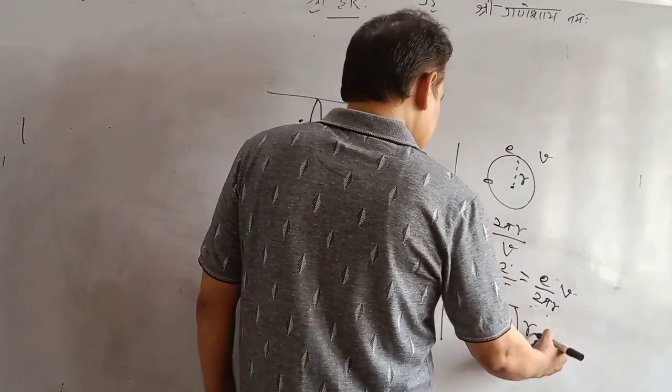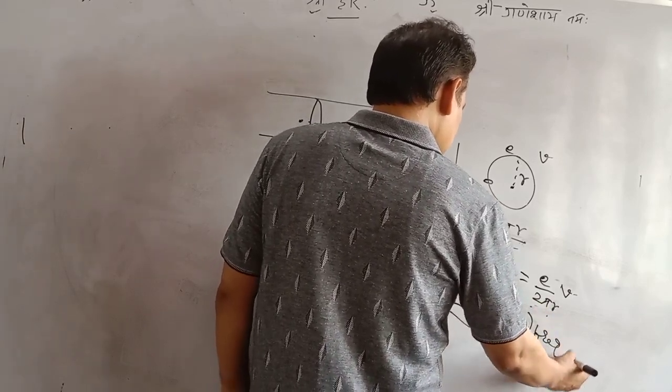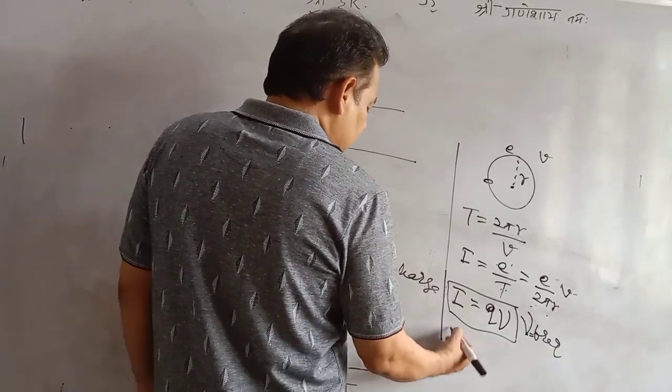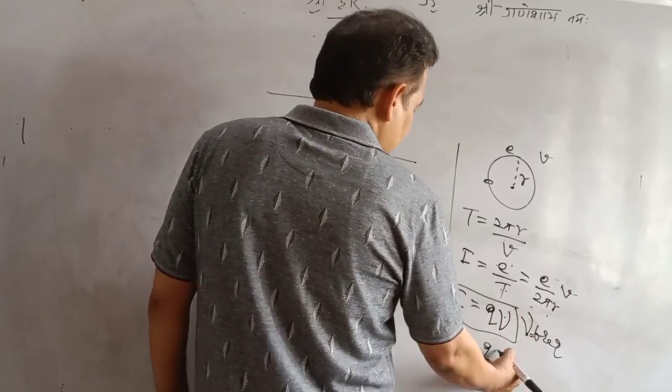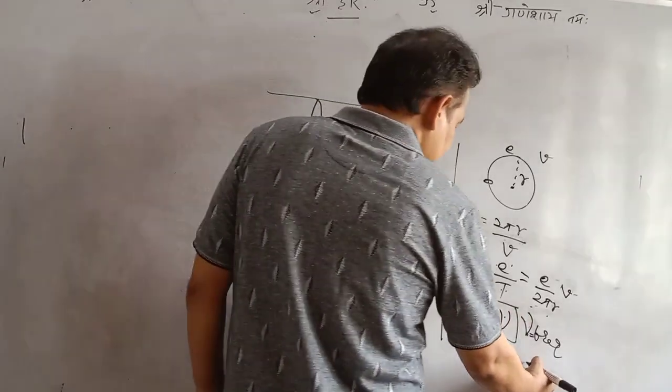So current I equals Q nu, and nu is omega upon 2 pi, where omega is angular frequency.